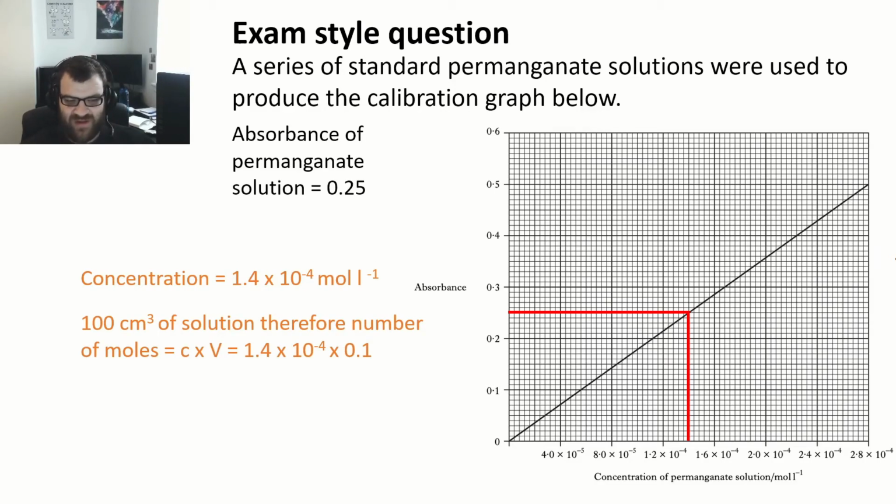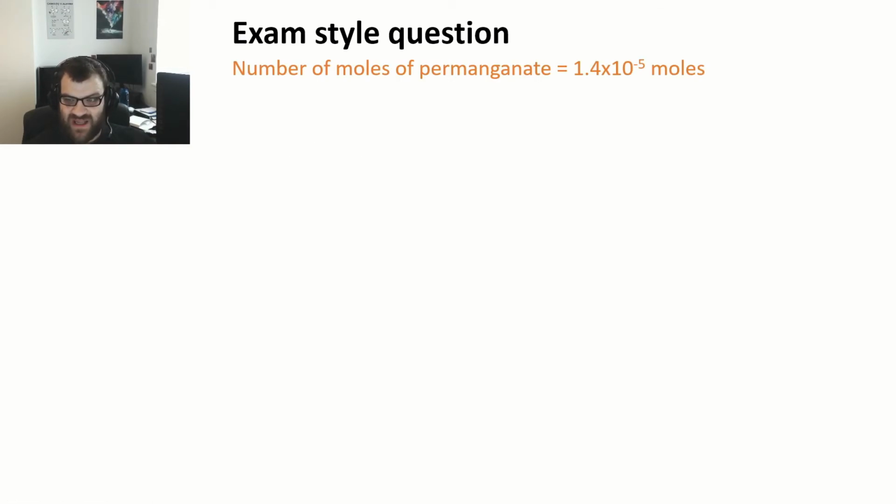The question has given us information about the volume, and if we use n equals c times v, we can work out that our number of moles is 1.4 times 10 to the minus 5. We are asked about the mass of manganese that's contained within this. Manganate is MnO4 to the minus, and within that we have 1 mole of manganese.